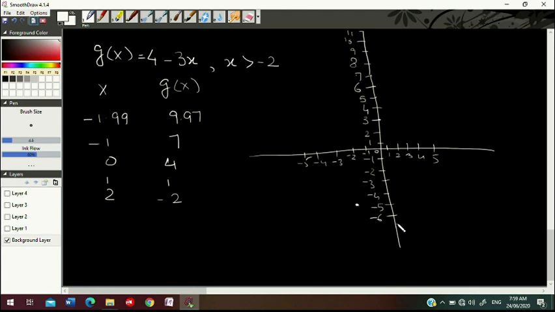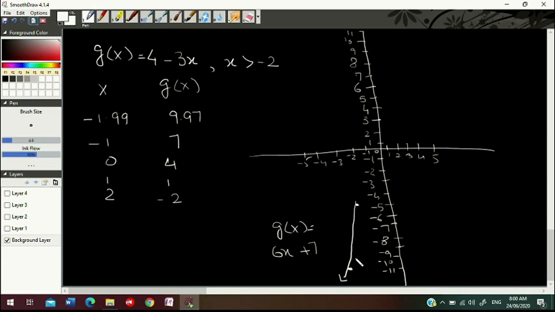Here we mark minus 6, minus 7, minus 8, minus 9, minus 10 and minus 11. When x is minus 3, g of x is minus 11. So this is the first graph of our function when g of x is equal to 6x plus 7. For this equation, we have this graph.